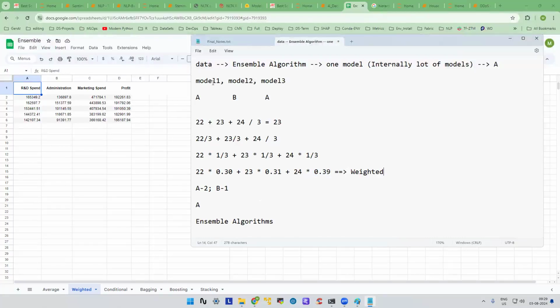Basically, we're giving more weight to one model and less weight to other models. In this case we're giving only 0.3, in this case 0.31, and in this case 0.39, giving more weight to this one. When the weights are changed and we try to find the average, that's the whole idea behind the weighted average. Any questions on this?